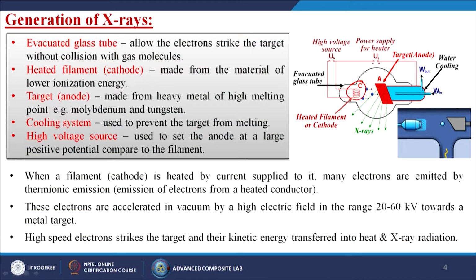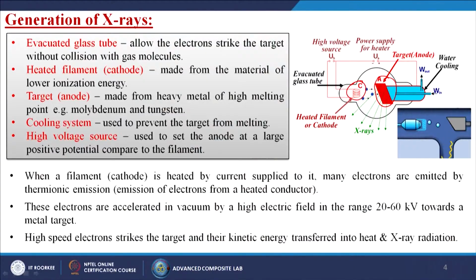Then we have the target, sometimes also called the anode. The anode material is made from a heavy metal of high melting point like molybdenum or tungsten.